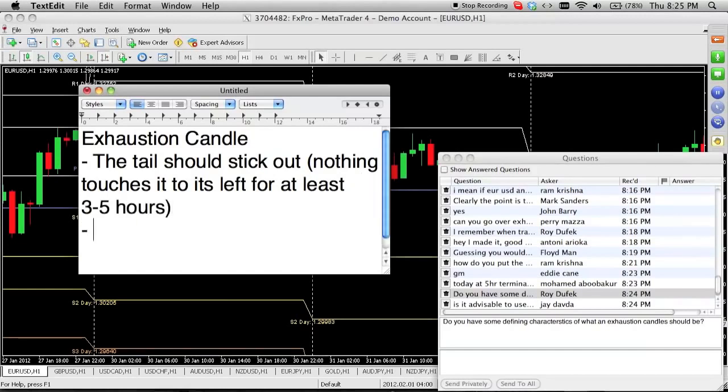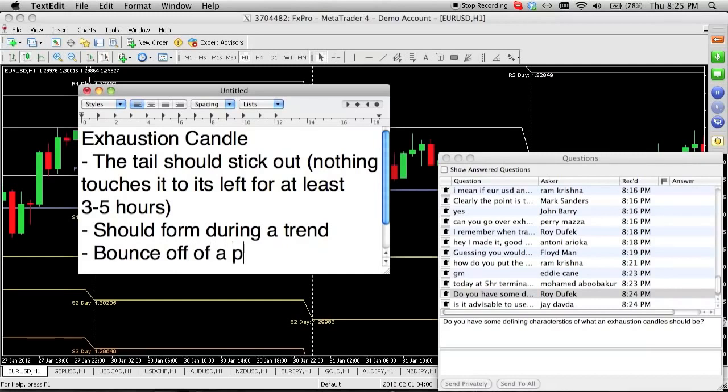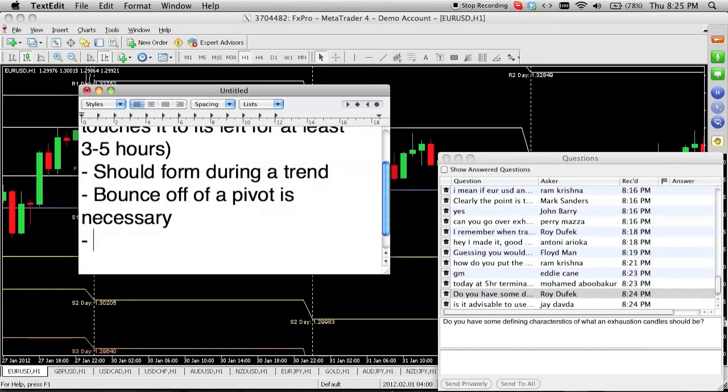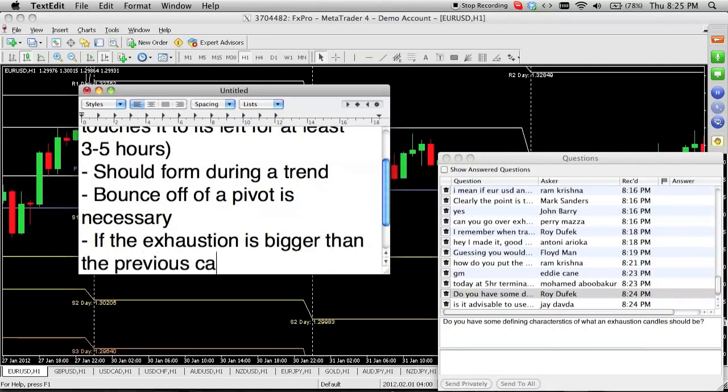Second thing for an exhaustion candle is it should form during a trend. Third, bounce off pivot is necessary. And last but not least, if the exhaustion is bigger than the previous candle, it's ideal.